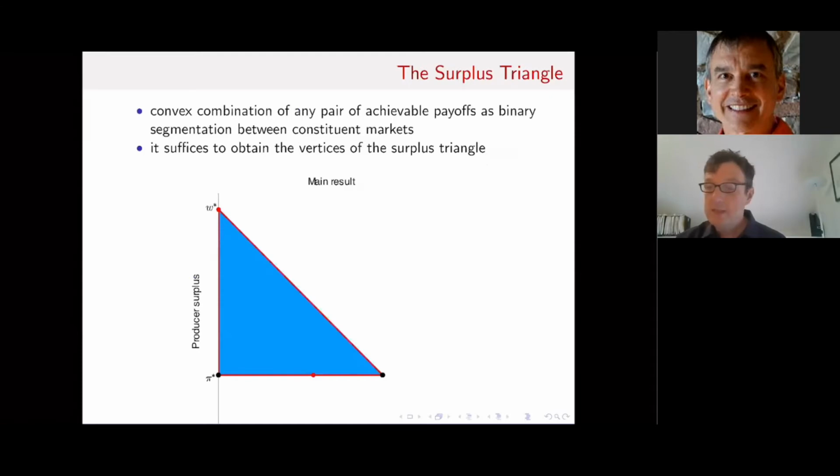These two additional allocations: the consumer surplus maximizing allocation is identified by the black dot on the right, where we are at the boundary of the social surplus, but we have also pushed the producer surplus as far out as possible.